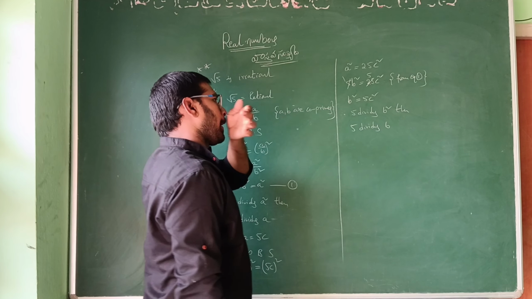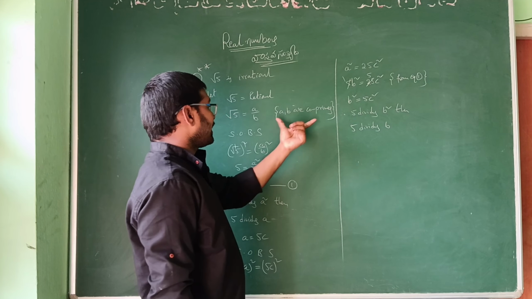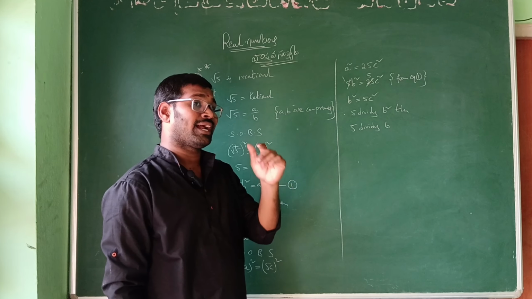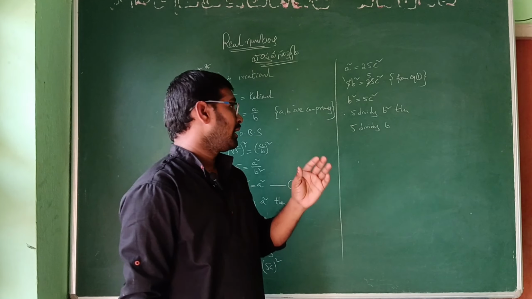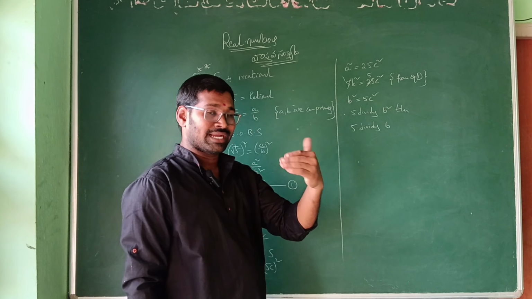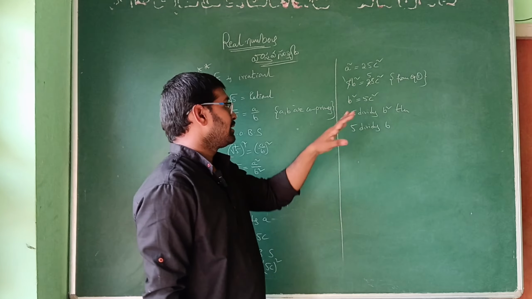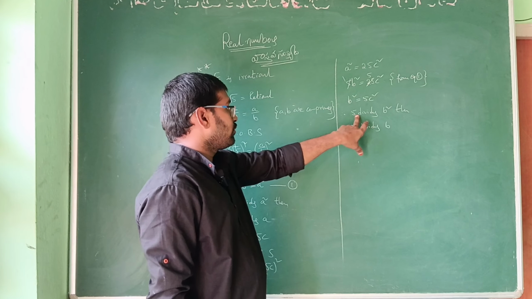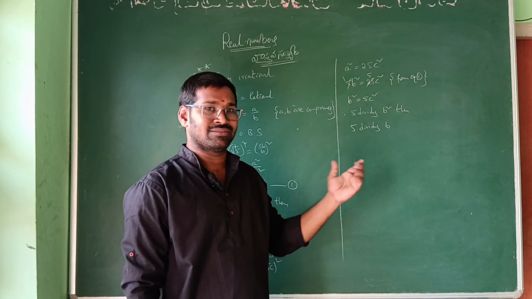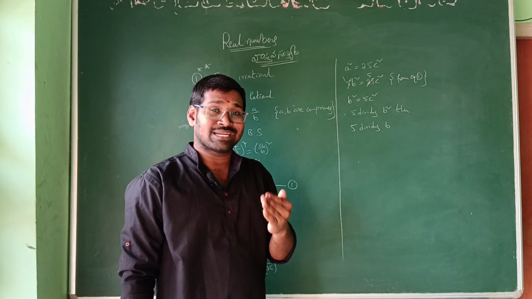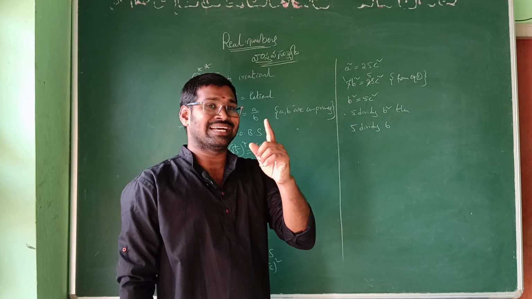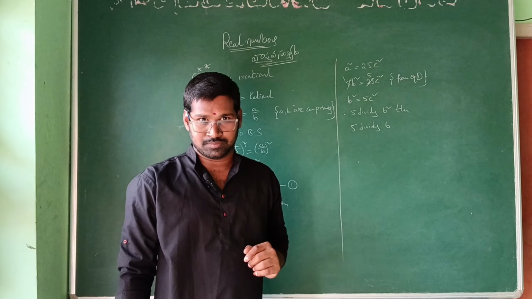But our condition is that a, b are co-primes, which means only 1 is a common factor of the two numbers.